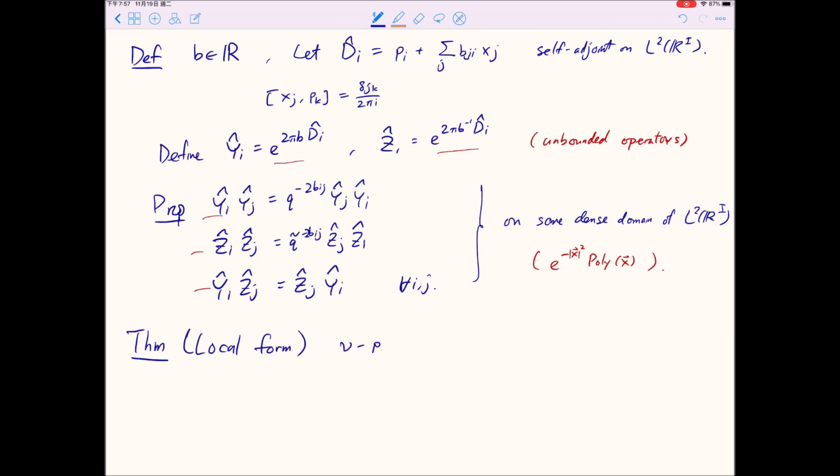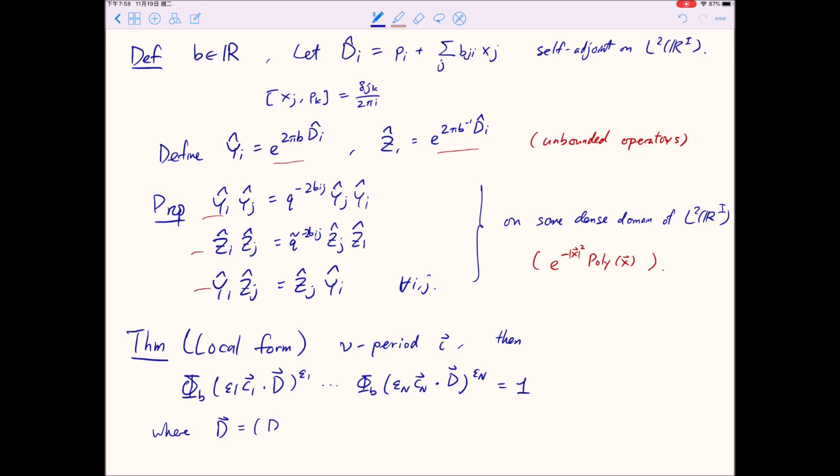So if we have a mu period, then you have such a relation, where I denote D hat by the vector. The D vector is a collection of D1 to Dn, and this is just a standard vector space dot product.